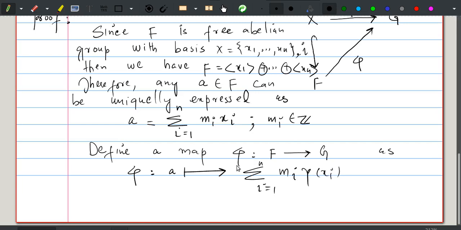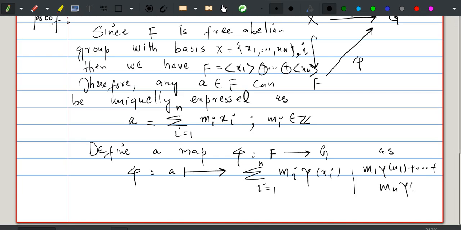This is actually m1 gamma of x1 plus so on plus mn gamma of xn.